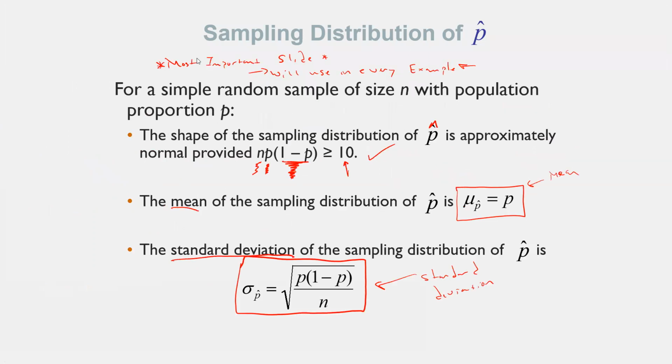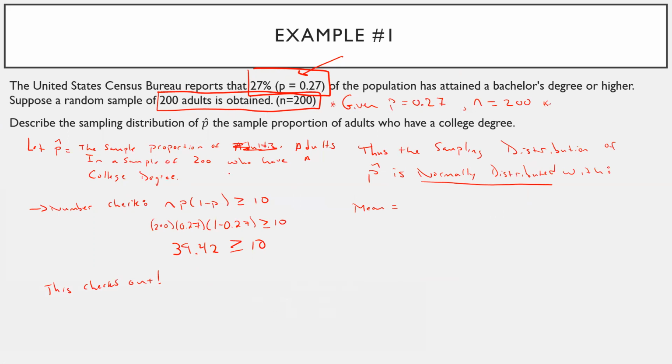Remember I said this is like the most important slide? Mean we denote as mu sub p hat, and it's equal to p. So the average of these sample proportions had better be equal to the population proportion, which is 0.27.